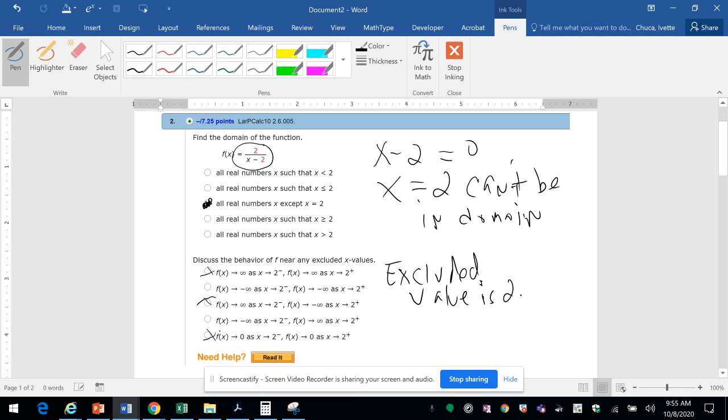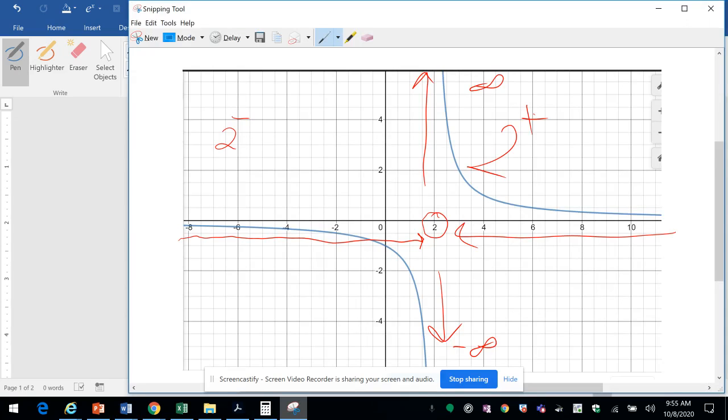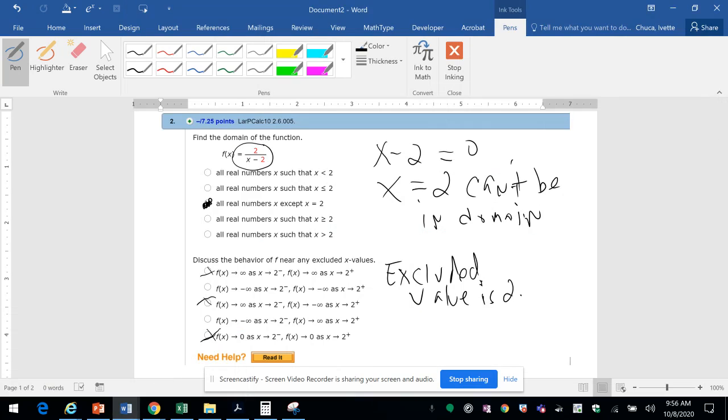And as x goes to 2 from the left side, does it go to 0? No. Okay, so again, as x is going to 2 from the right side, notice that the graph is coming in from the right side and going to positive infinity. So let's go back to our choices.